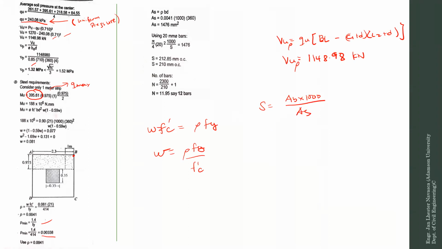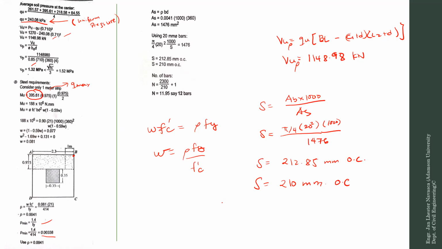Okay, so ibig sabihin per 1,000 millimeter strip. Okay, so your spacing is equals to pi over 4 times 20 squared, multiplied by 1,000 divided by the total AS, which is 1476. You will arrive to 212.85 millimeter on center. And therefore, you can use S, which is 210 millimeter on center.